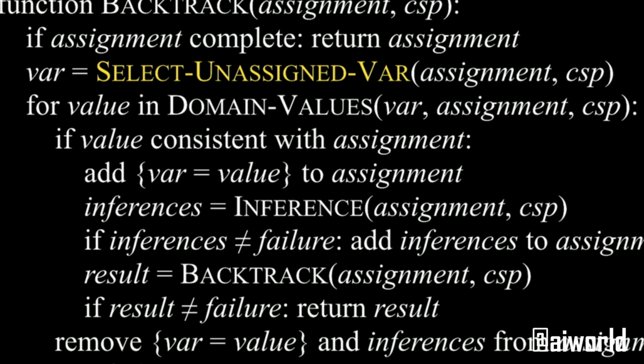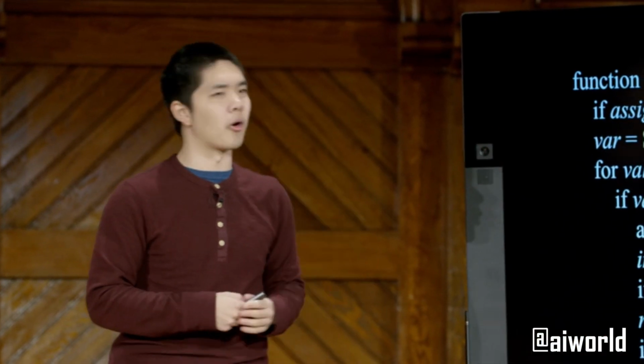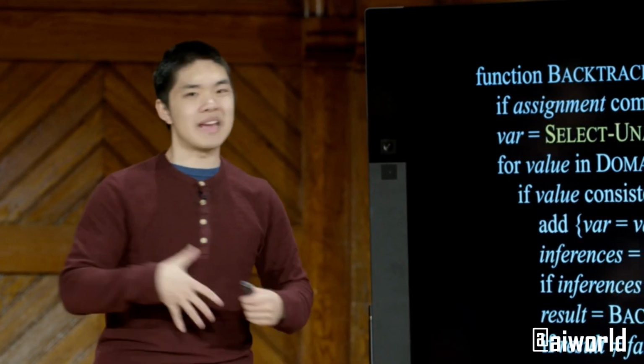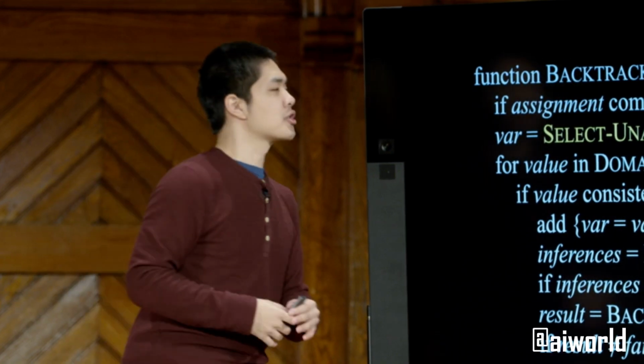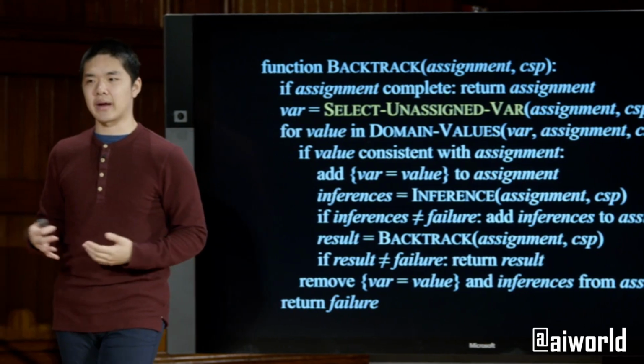So far, I've sort of just been selecting variables randomly, just like picking one unassigned variable in order to decide, all right, this is the variable that we're going to assign next, and then going from there. But it turns out that by being a little bit intelligent, by following certain heuristics, we might be able to make the search process much more efficient just by choosing very carefully which variable we should explore next.